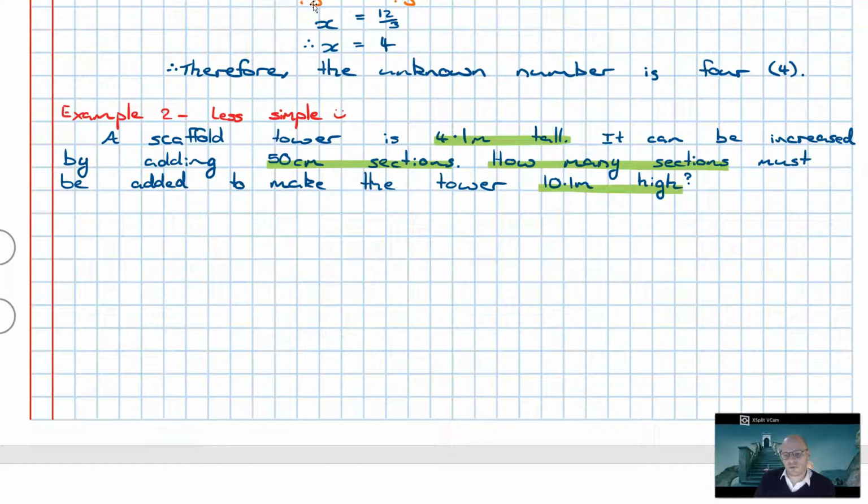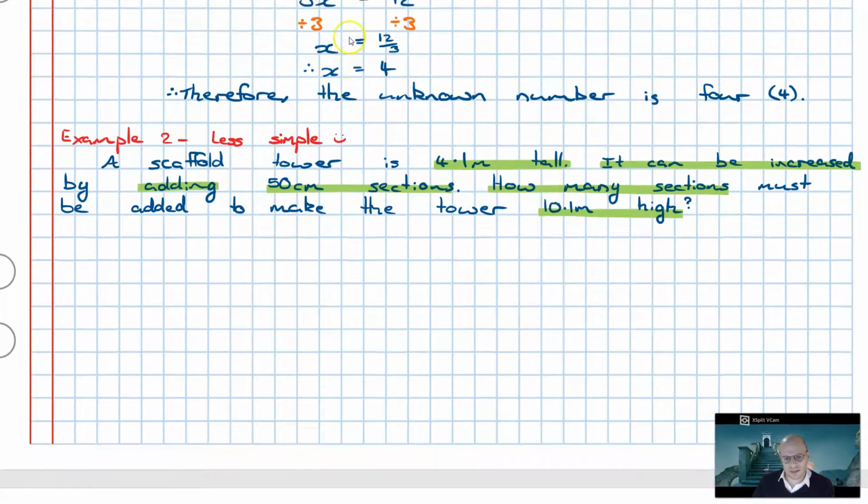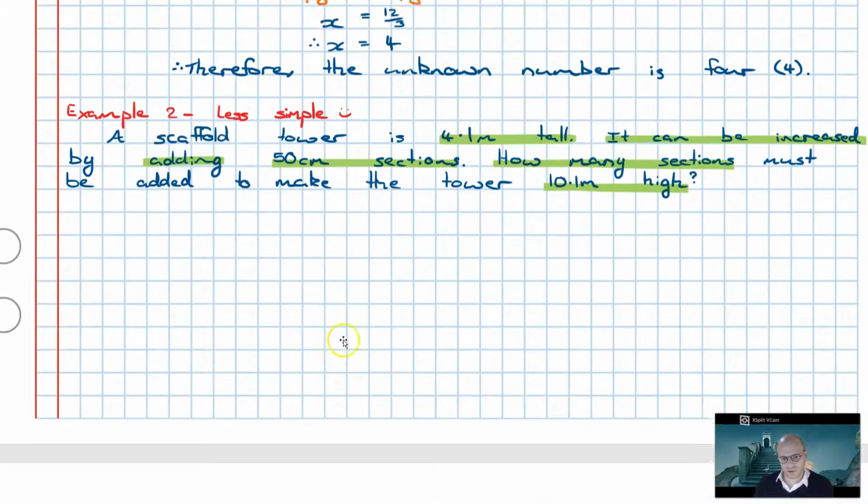So scanning over again, a scaffold tower is 4.1 meters tall. It can be increased by adding 50 centimeter sections. How many sections must be added to make the tower 10.1 meters high? So we're adding. Now, the context is we have the tower.